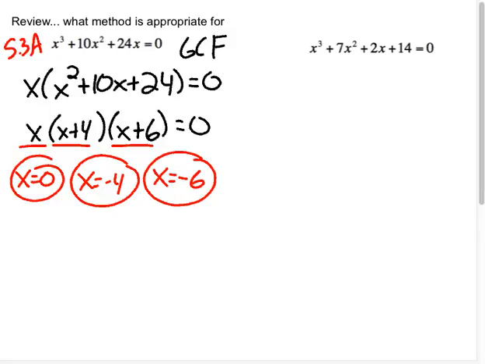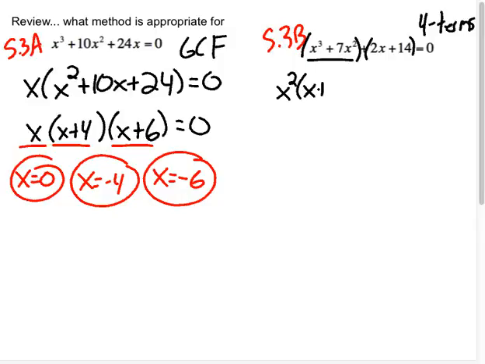Remember in 5.3b, we talked about what to do when there were 4 terms. Okay, remember when we had something that had 4 terms in it, we factored by grouping. So from that first one, I pulled out an x squared. From the second one, I can pull out a 2.